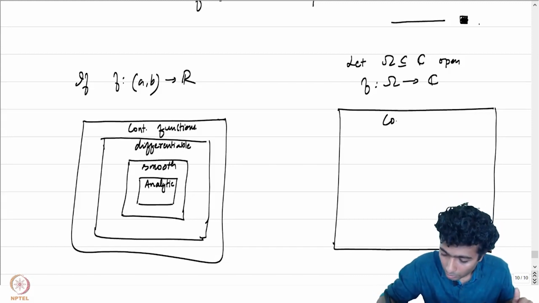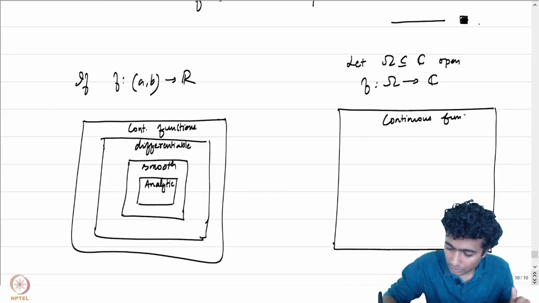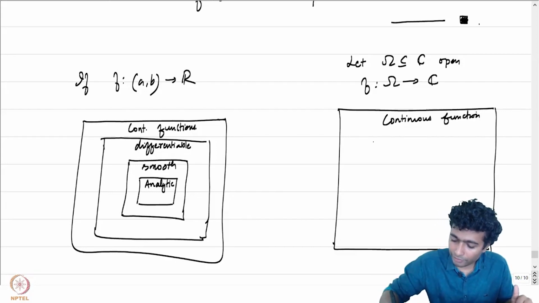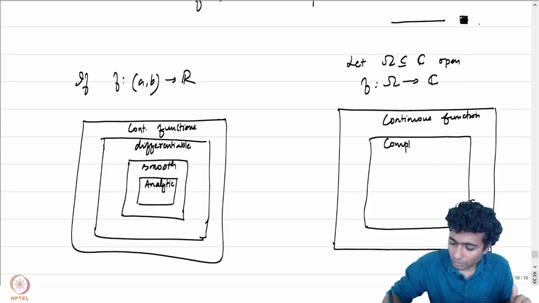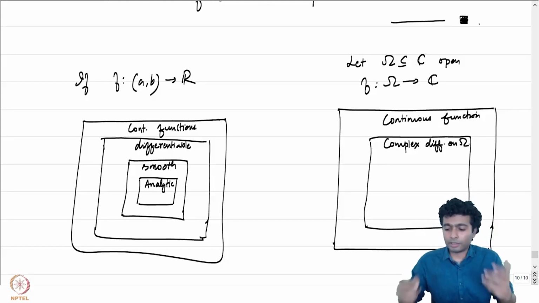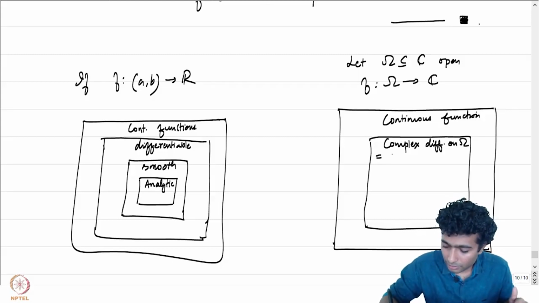There will certainly be the broad class of continuous functions here, but then the moment we go down to a subclass of complex differentiable functions, complex differentiable on omega, that is going to be the same as complex analytic functions, in fact.